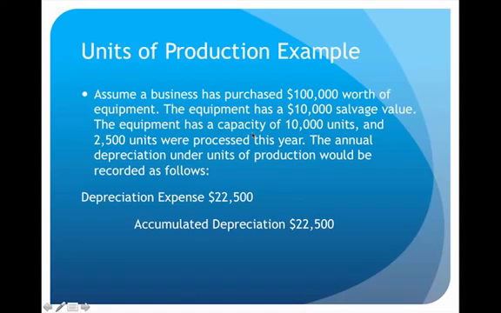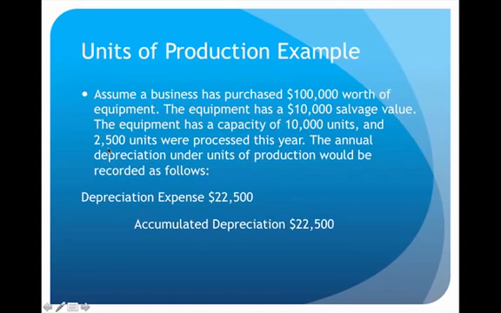So we're saying that the total capacity of that equipment would be to process 10,000 units. So that's like a lifespan, but it's in a capacity rather than years. And they're telling us that in the first year, they used the equipment to process 2,500 units.